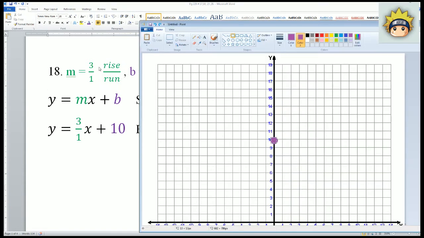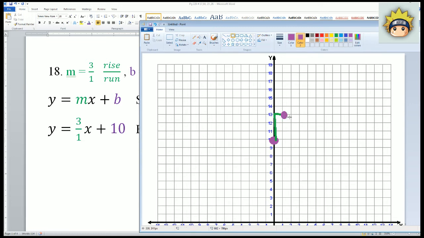Here it tells us to go up 3, that's your rise. So let's go up 3: 1, 2, 3. Then across 1. Boom, put a dot there.